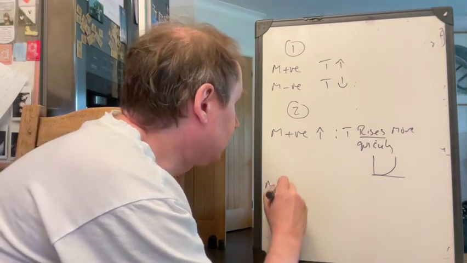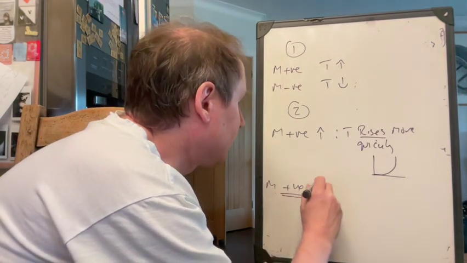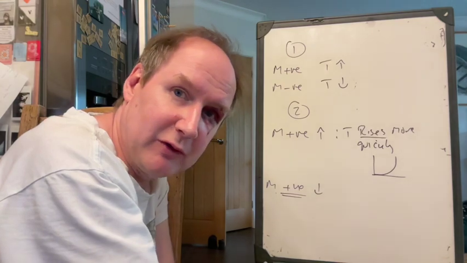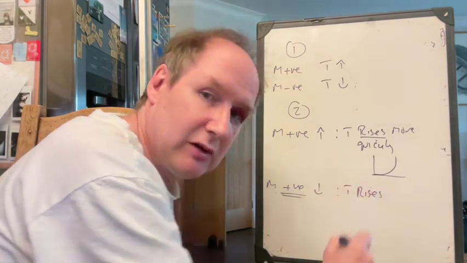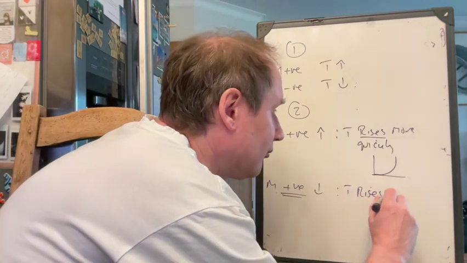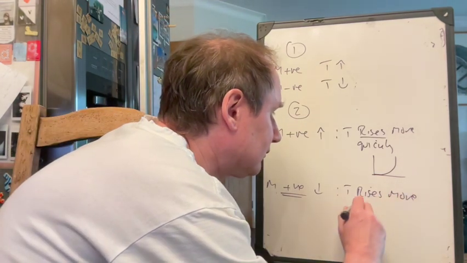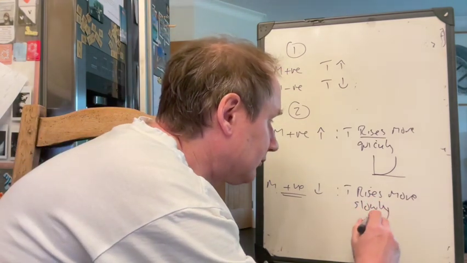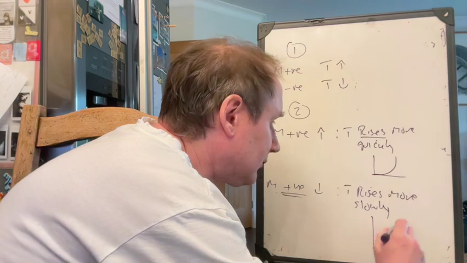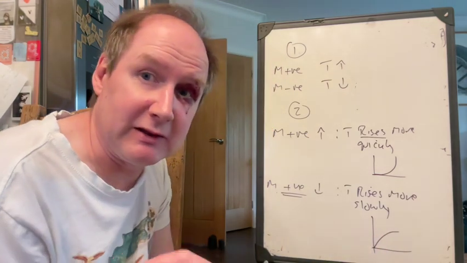If the marginal is positive, but it's falling, so it's still above the x-axis but it's falling, then the total rises, but this time more slowly. So it'd be one of those. And that's how they work.